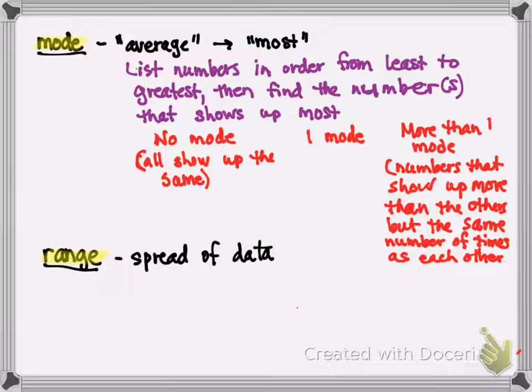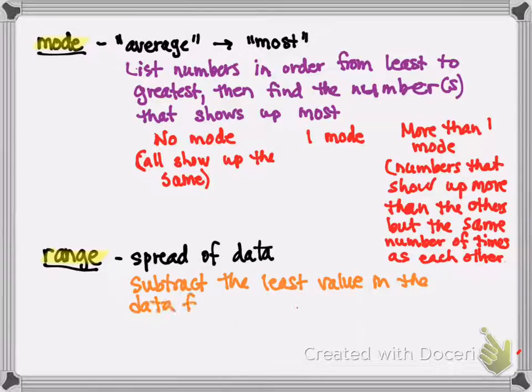Ideas? You find the greatest number and the least number, you subtract them. Okay. You subtract the least value in the data from the greatest value.